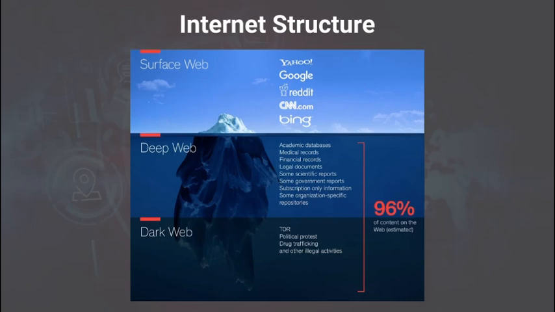If we look at the internet, we can say it is a physical connection that consists of all the computers around the world. And we can look at it as the hardware layer, or a machine, one big machine. On top of that hardware layer, there is the software layer, which we will call the www or the surface internet. This is where we go to different websites and search engines like Google, DuckDuckGo, Yahoo.